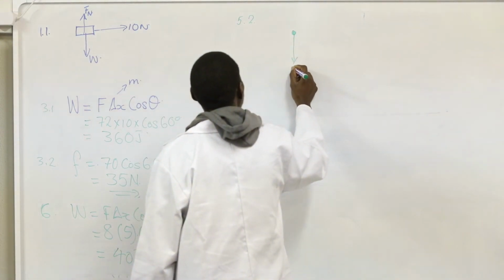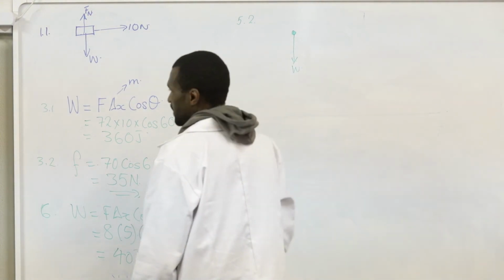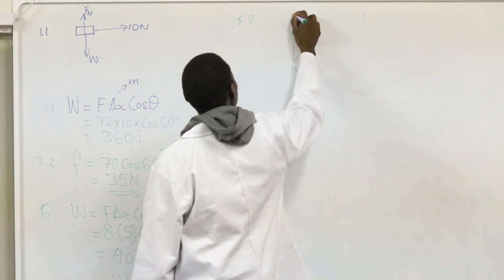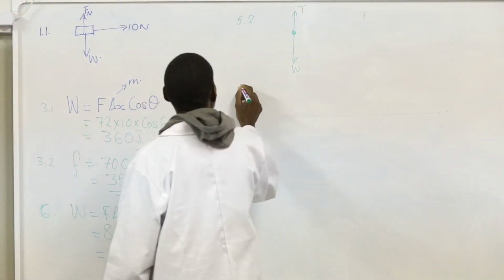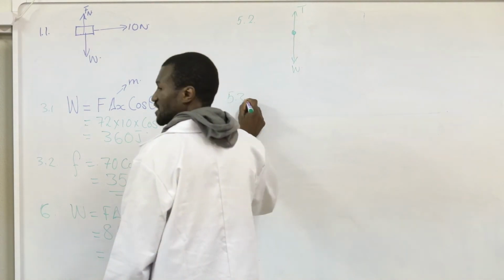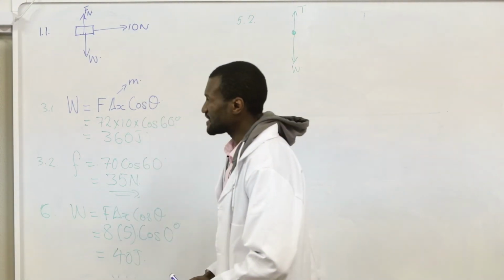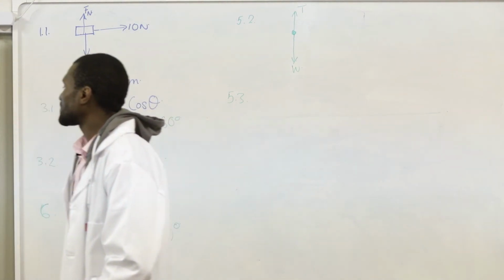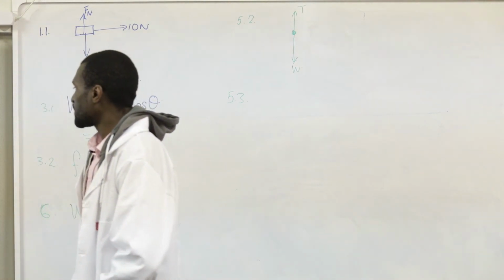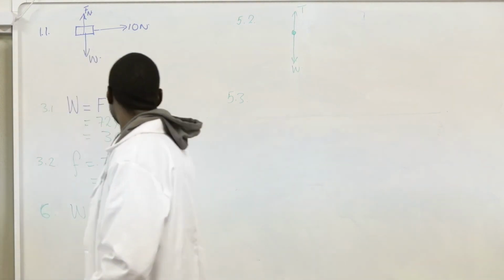So we will have the weight working downwards and the tension. Very simple for 2 marks. 5.3 then says, calculate the work done by the gravitational force on the 6 kg block.